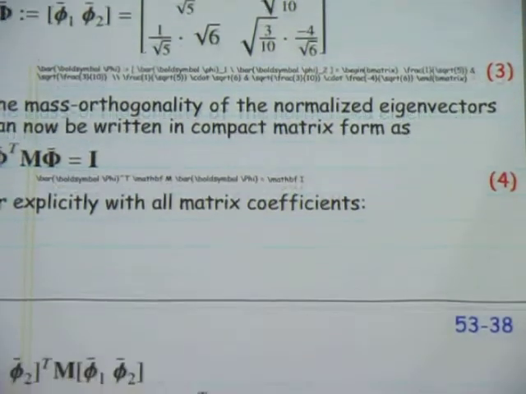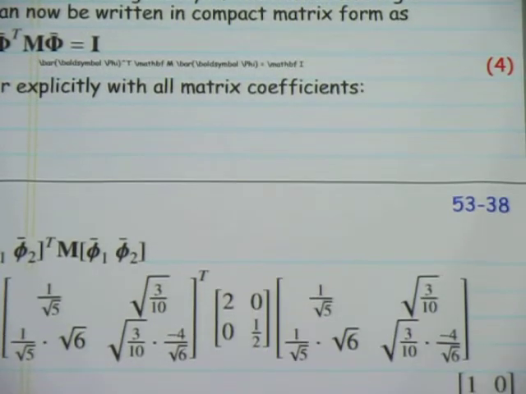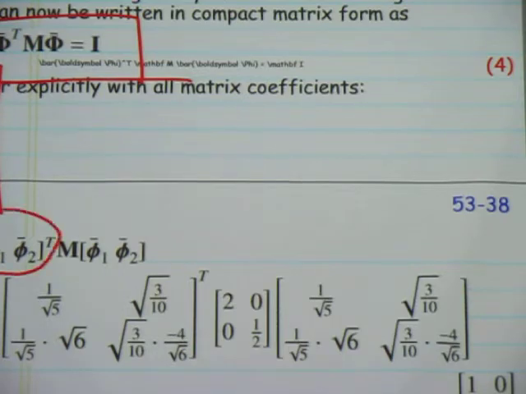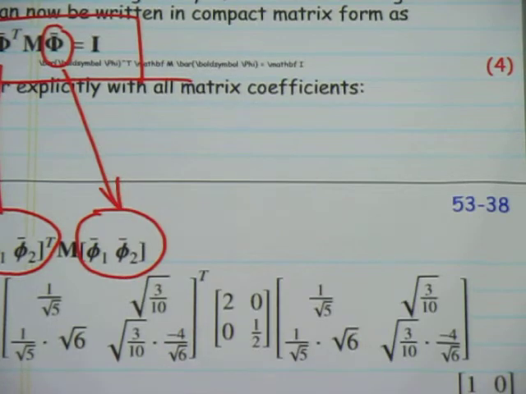And the orthogonality, when you expand this compact matrix expression in terms of matrix variables into the coefficients, okay, so cap phi bar transpose is this matrix here, which I just reviewed for you. As you know, cap phi bar is the matrix that has the two eigenvectors arranged side by side, and this is just a mass matrix in between.